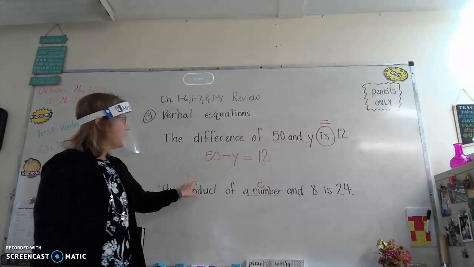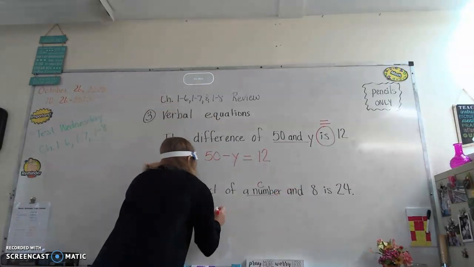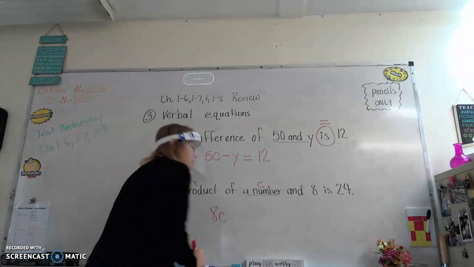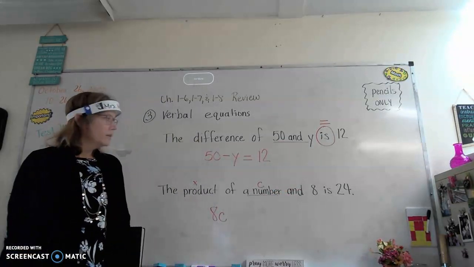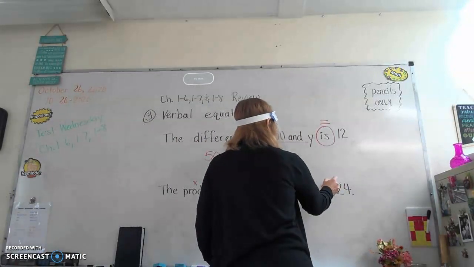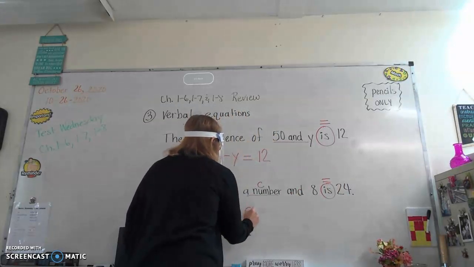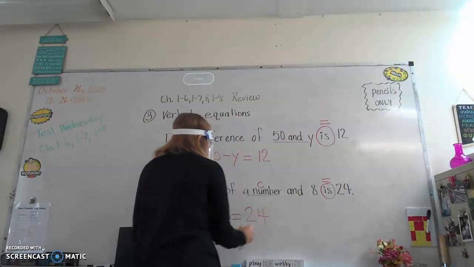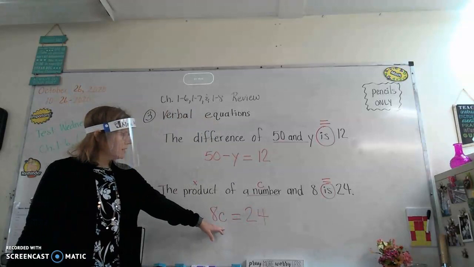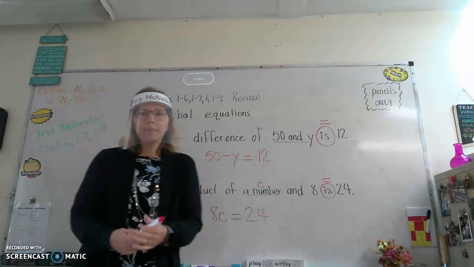So I'm multiplying C and 8. I like to write it like this: 8C is, what do we do for is? Equals 24. So the product of 8 and C is 24.